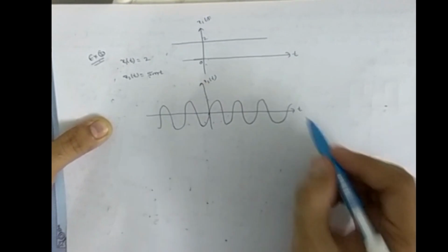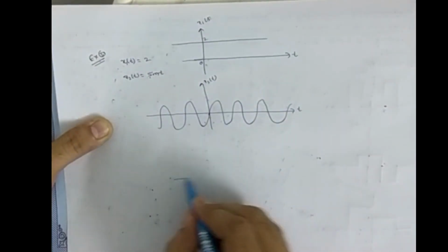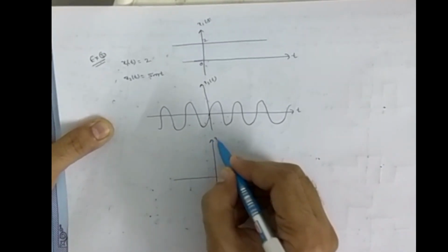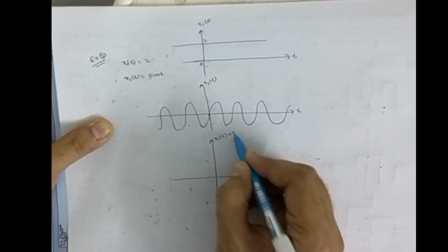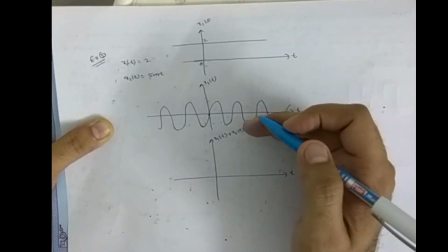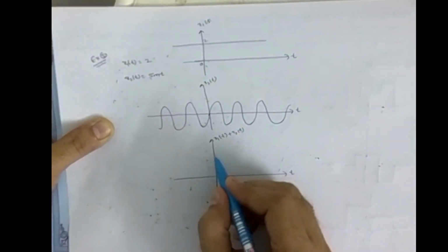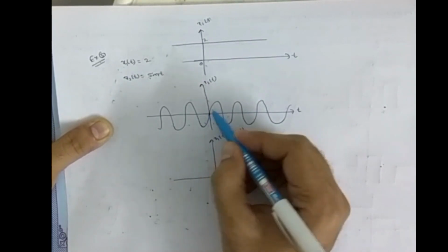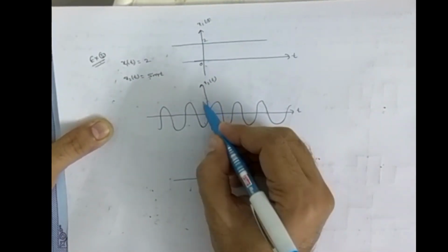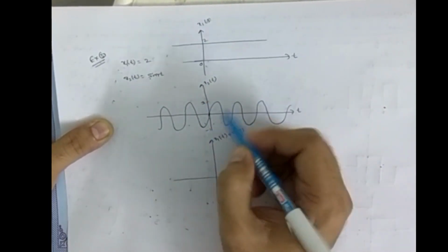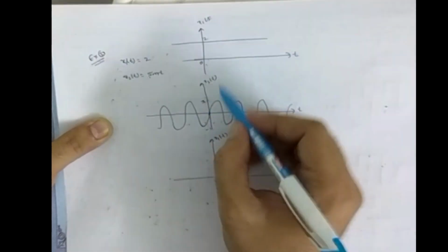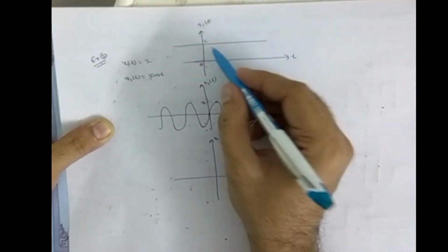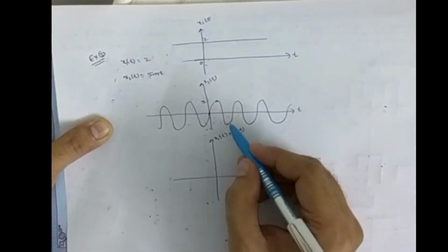When you add these two signals, x1 of t plus x2 of t, how will it be? The complete signal will shift up by 2, because to every point you need to add 2, right? At 0, if you add 2, it is 2. If it is 1, then 1 plus 2 is 3, so this peak will shift to 3, and for minus 1, 2 minus 1, it will be 1.